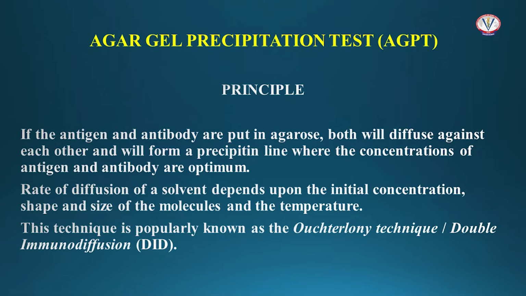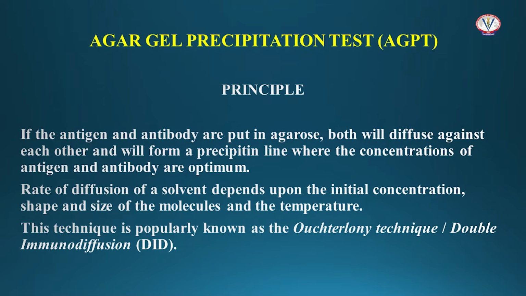Now we will discuss agar gel precipitation test. In agglutination test, the antigen used is in particulate or insoluble form, whereas in AGPT, the antigen is in non-particulate or soluble form. AGPT, also known as agar gel immunodiffusion test, is a qualitative test, that is, it only indicates reaction between antigen and antibody.